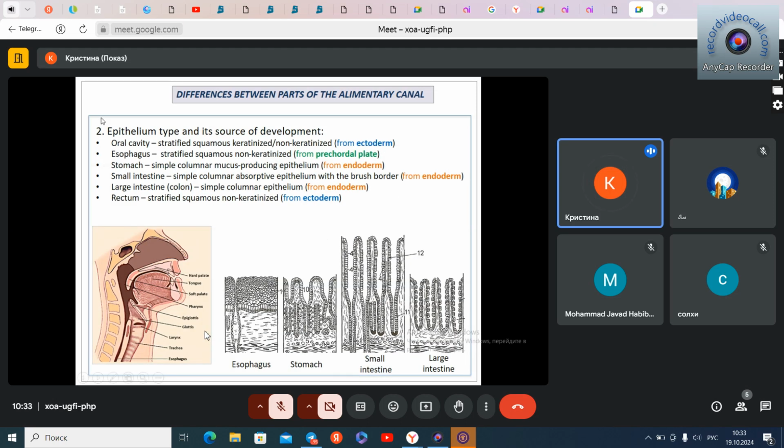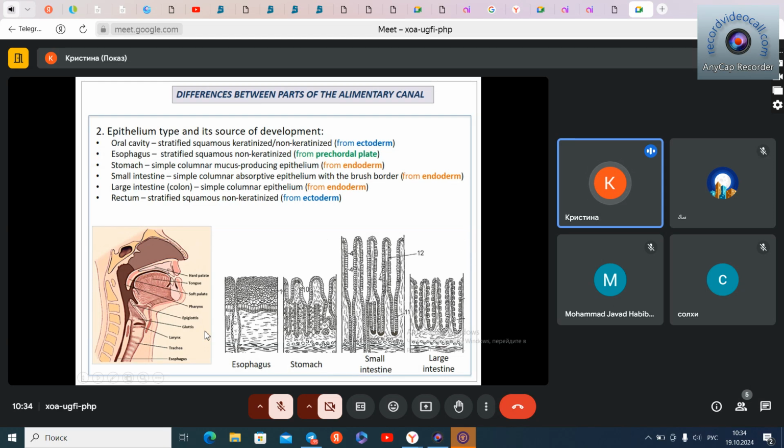Second, type of epithelium and its embryonic source of development. In oral cavity, stratified squamous keratinized, or in some areas non-keratinized, derived from ectoderm. In esophagus, simple columnar stratified squamous non-keratinized, derived from precaudal plate.